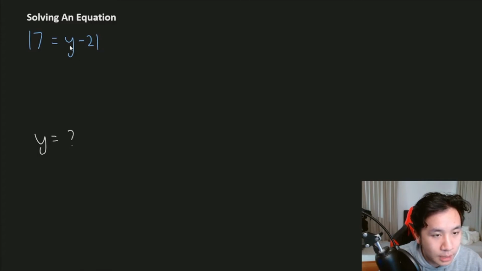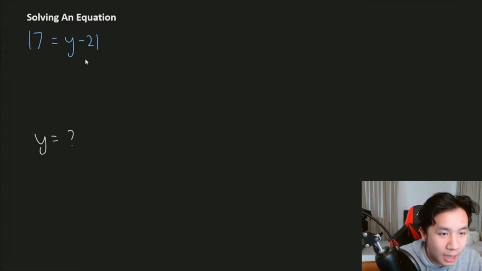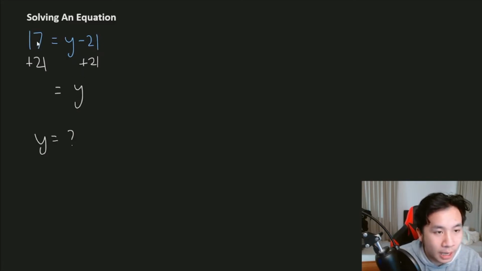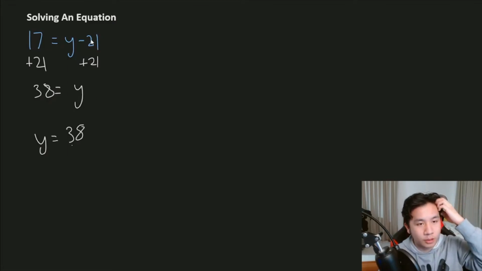To get y by itself, I need to cancel out this minus 21, and to cancel out this minus 21, I plus 21 both sides. So if I do y minus 21 plus 21, I'm only left with y. And 17 plus 21, if you type it in the calculator or do it in your head, is just 38. And so at the end of the day, y is equal to 38, because I did the opposite of what they showed me here.